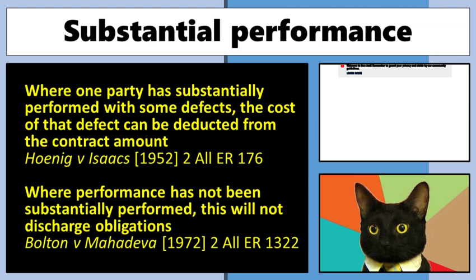The first thing to note is that if it's near enough, but it's going to cost a little bit of money to fix or remedy that defect, as long as it's reasonable, pay them the contract amount less what it's going to cost to fix. Again, you have to be able to prove it, but that is one way the courts can discharge the obligations of parties through performance if it's small.